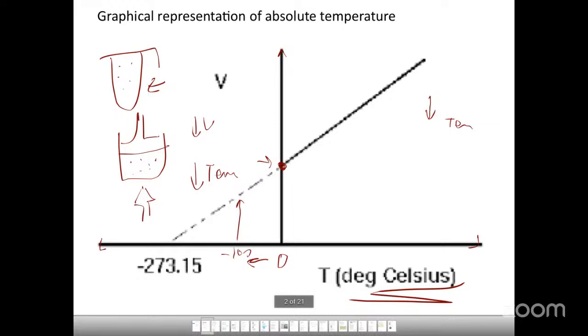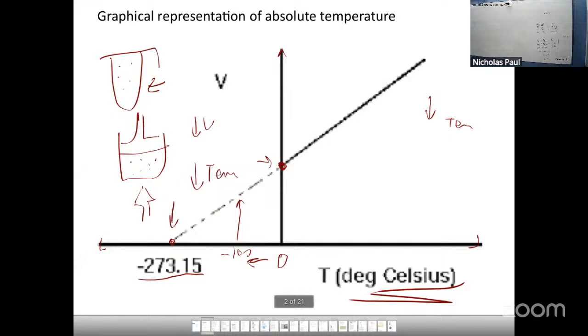And then when they reached a particular value, which is -273.15, they recognized that that is where the volume went to 0. Right? So here they recognized that this is the lowest possible temperature. And they called that temperature absolute 0. That temperature there is absolute 0.